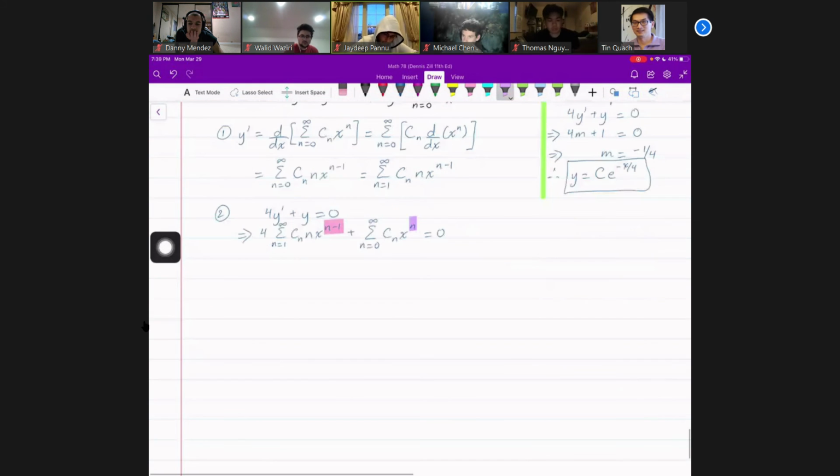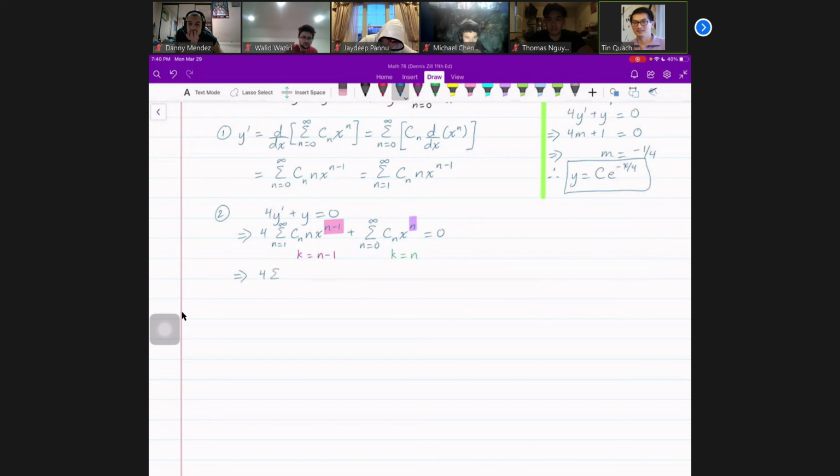Okay, sure. So now we want to convert them into the same power. Let's say we want to convert them into k. So we want this to be raised to the k power and this one to be raised to the k power. For the first one, you want that power to be k, so you can make your substitution.